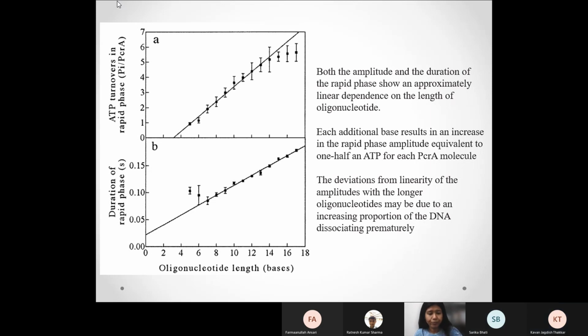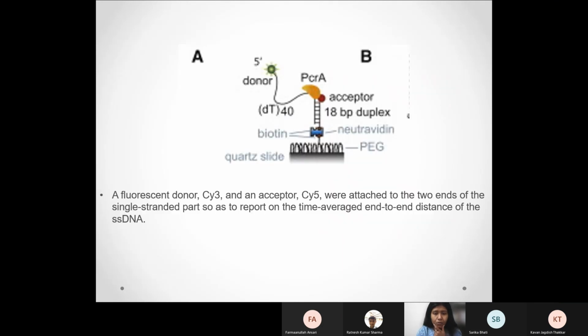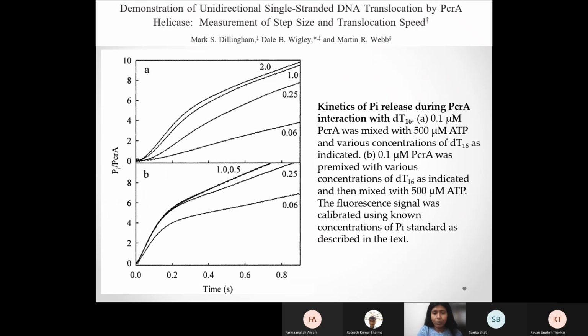So, okay, these were kind of primitive, I shouldn't say primitive, because they were using very age-old techniques to try and get an estimate of the kinetics of the reaction. But with the advent of single molecule biophysics, it became much easier to understand how these helicases function.